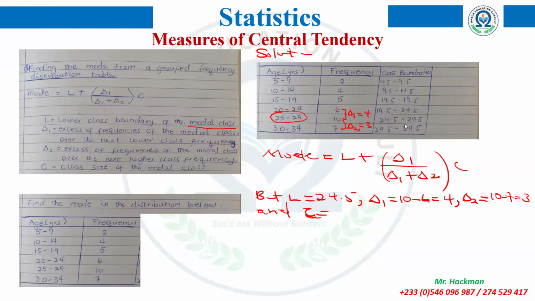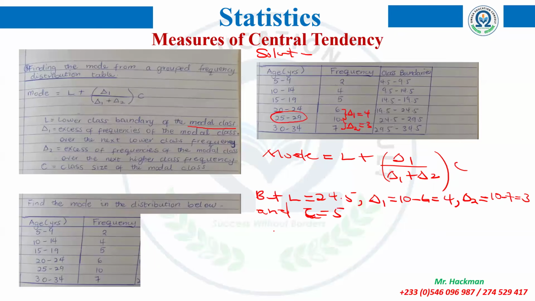What do you think will be the class size? 29.5 minus 24.5. Hurry up. Okay, we know we can do this mentally. That is 5. Okay, so thank you, Kobe.